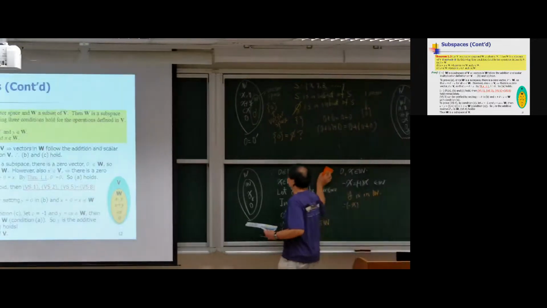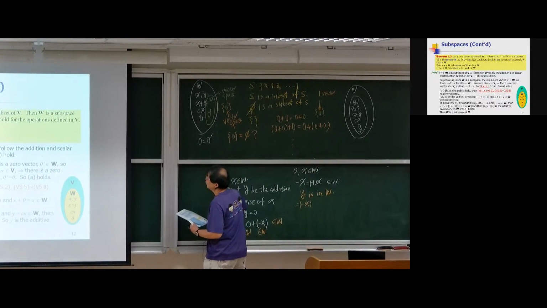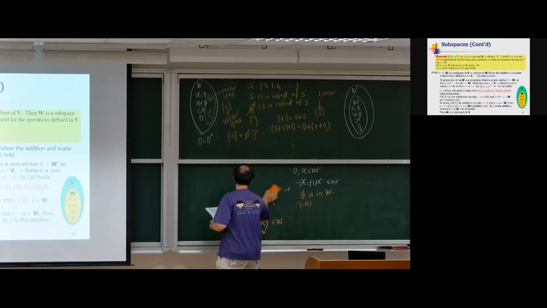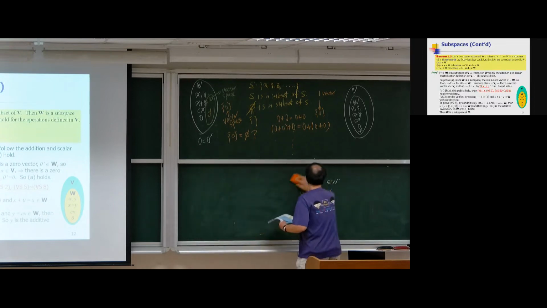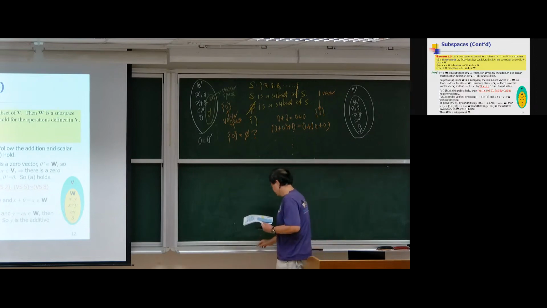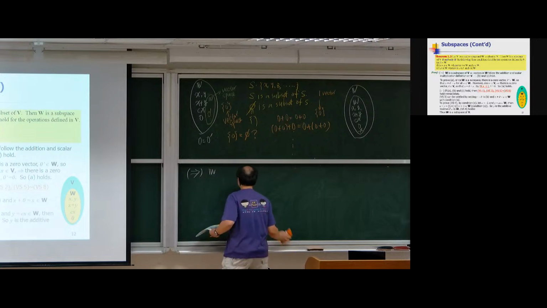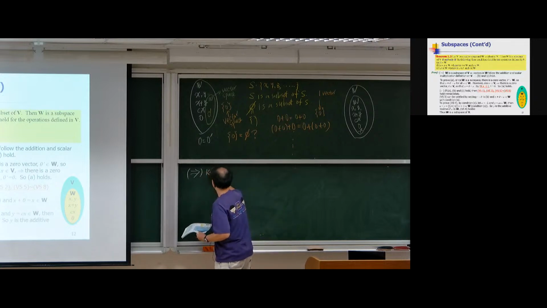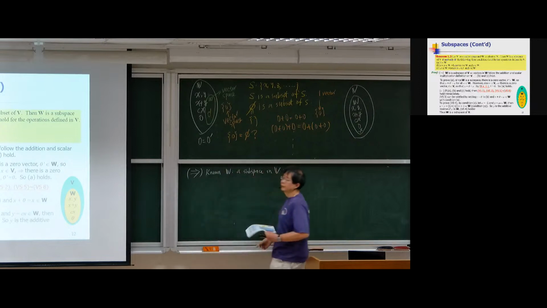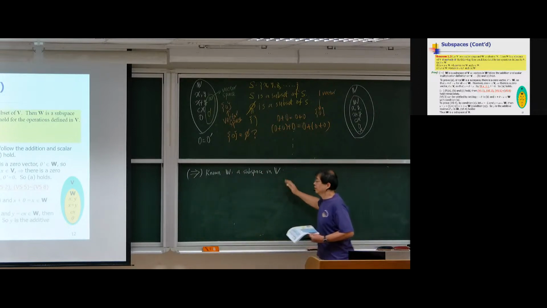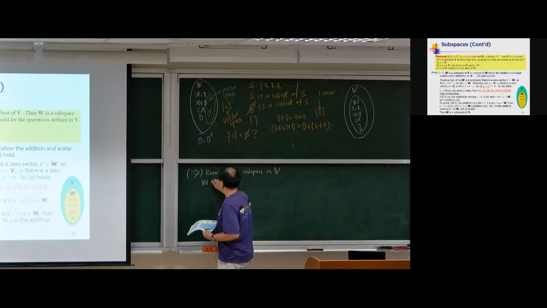it from left-hand side to right-hand side. So we know W is a subspace. So because W is a subspace, from left-hand side to right-hand side, we have already known W is a subspace in V, but this statement also tells us W is a vector space.